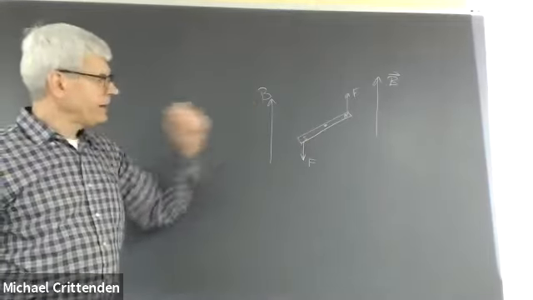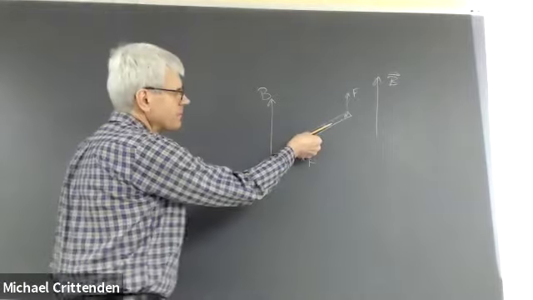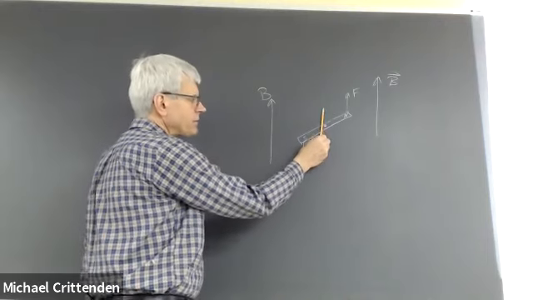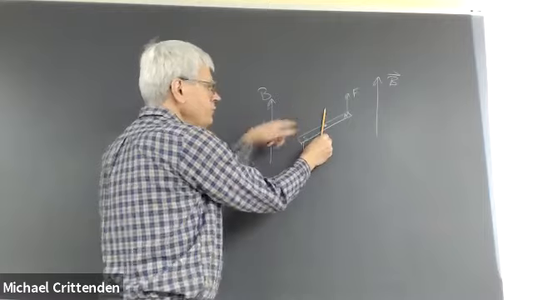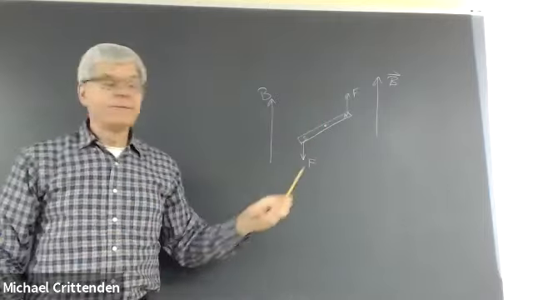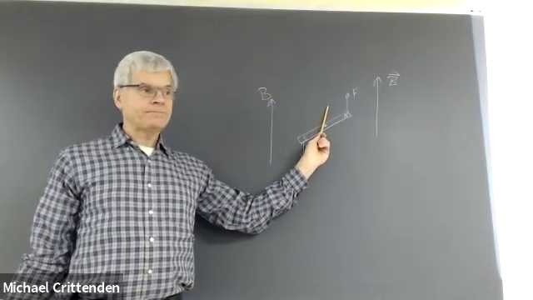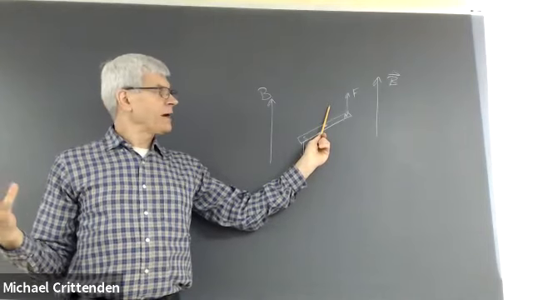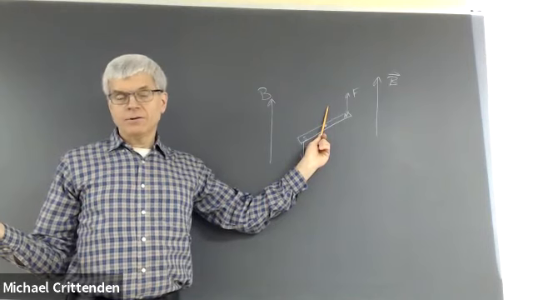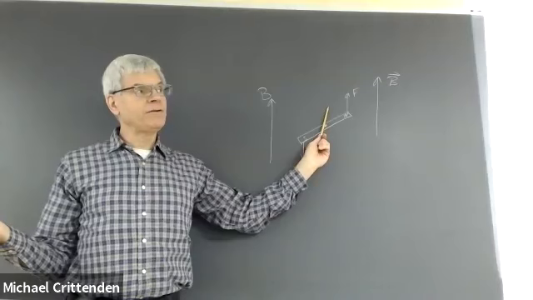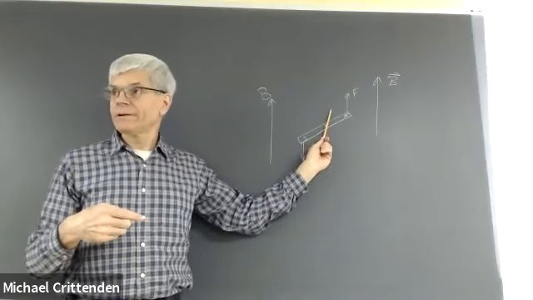So this will create a torque that's going to make this needle rotate until, once it reaches this position here, neither one of those two forces gets any leverage, and that's where it'll be stable. So rather than saying the direction of the force on a north magnetic pole, the direction of the magnetic field is usually stated as being the direction that a magnetic compass would point. Okay.